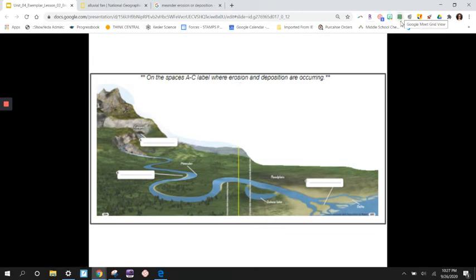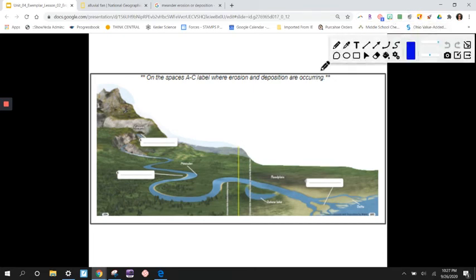So to go over these, the canyon is created by erosion. The inside of the meander is created by deposition because that is the slower area. The outside of the meander is created by erosion.